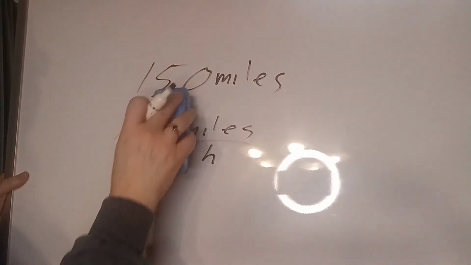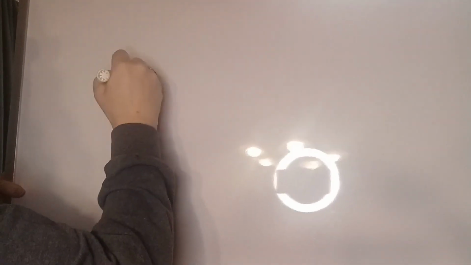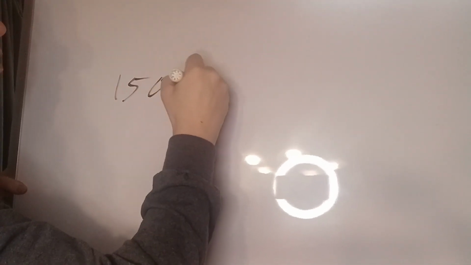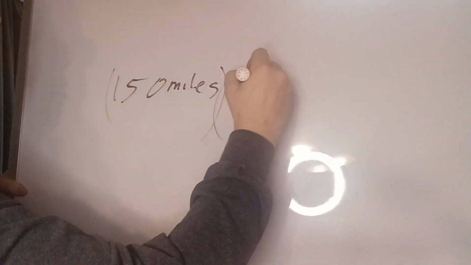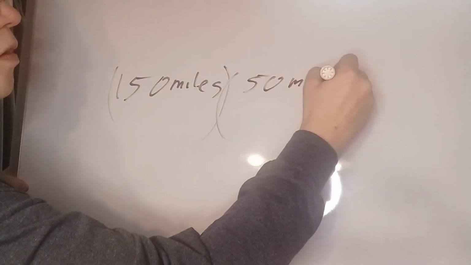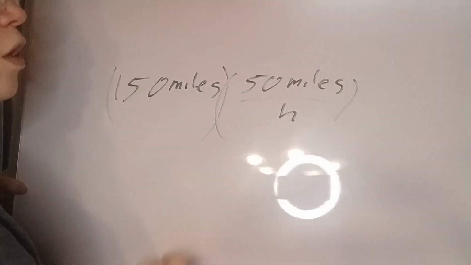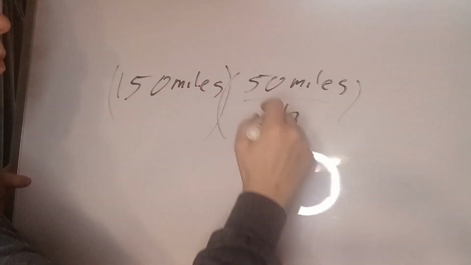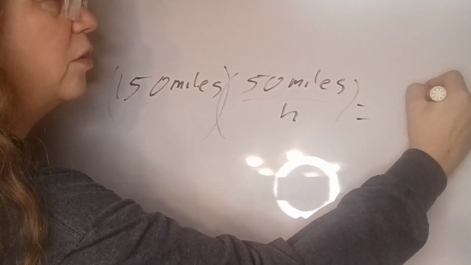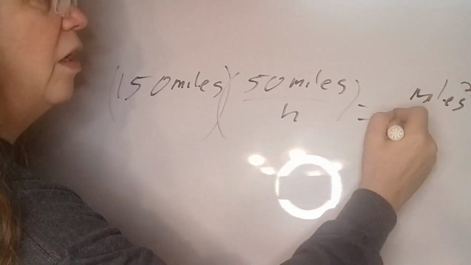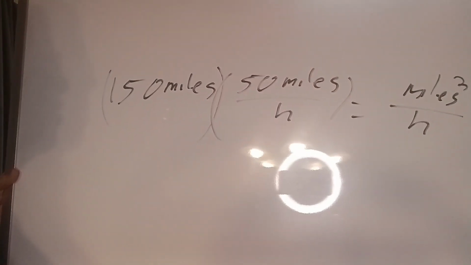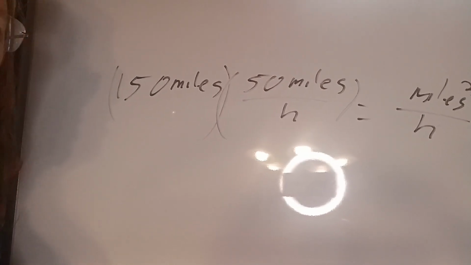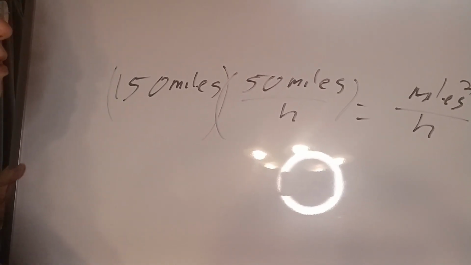So if we were to multiply these two, we would get units of miles times miles is miles squared over hours. Now, that doesn't make any sense at all. What is miles squared over hours?